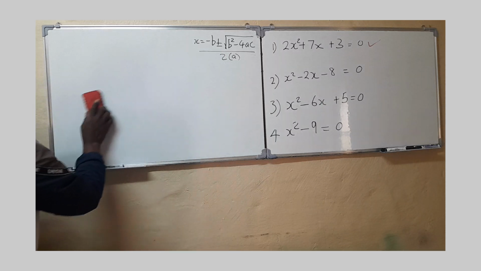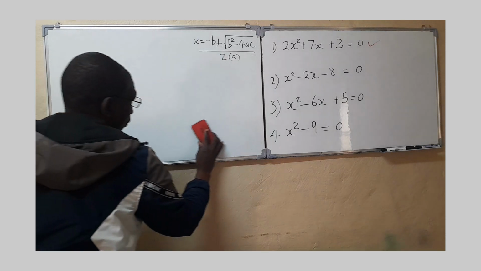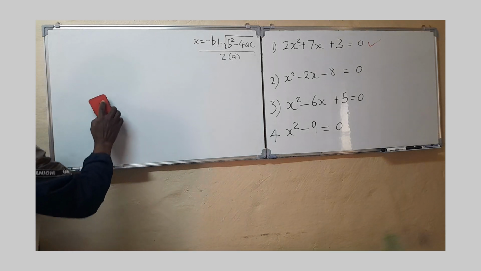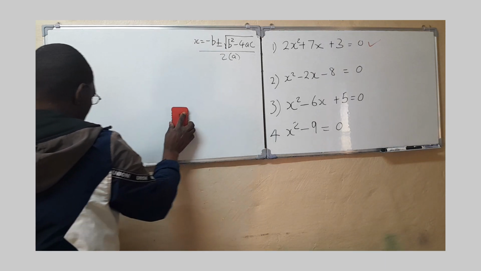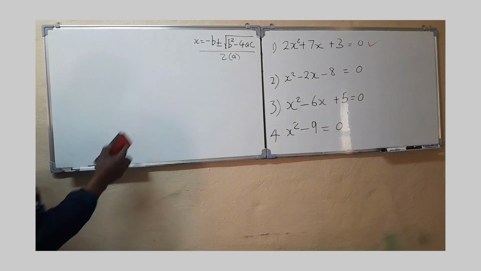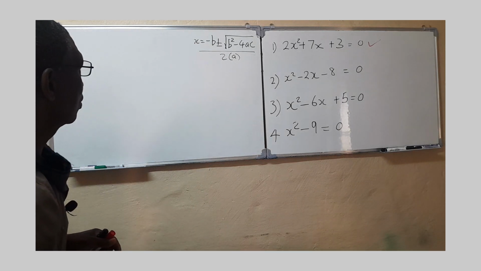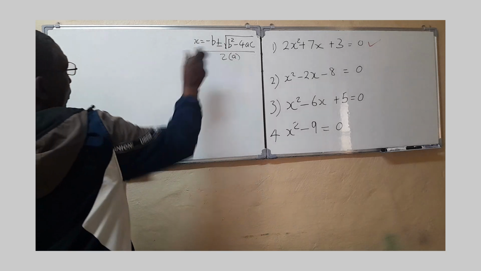Of course, the way to learn mathematics is to do it yourself, to practice and practice and practice until you have confidence in whatever it is that you are doing, whether it's the quadratic formula or Pythagoras theorem or whatever. It's not enough to just go and memorize this formula.